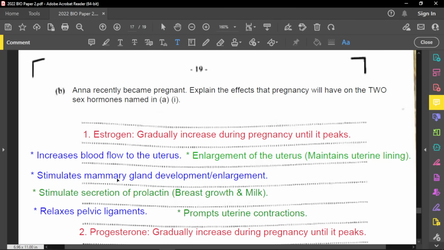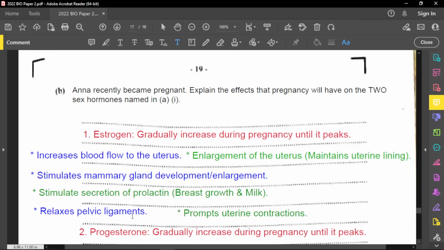It also stimulates the development and enlargement of the mammary glands. The mammary glands are the tissues in the breast that will produce milk. So those glands start to develop more. Estrogen also stimulates the secretion of prolactin, and prolactin is needed for breast growth and also milk production.